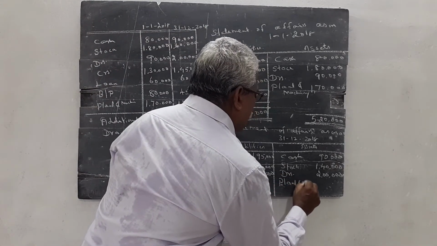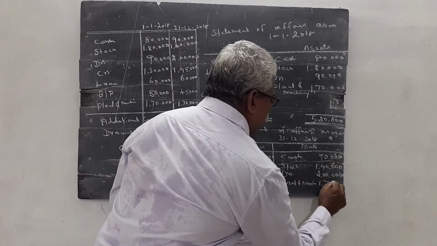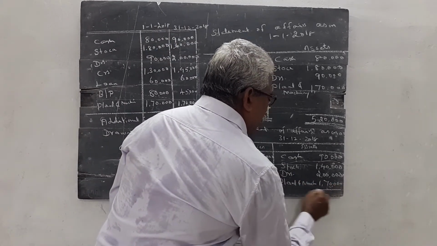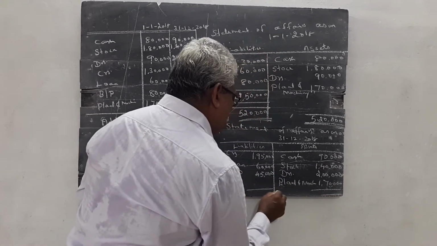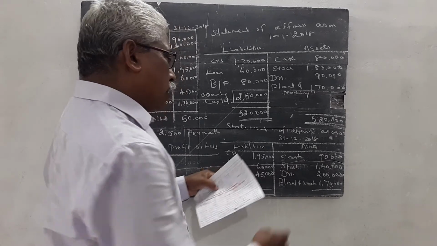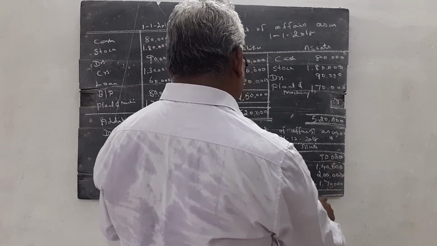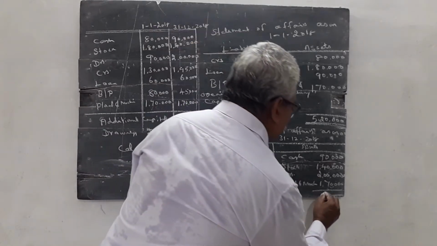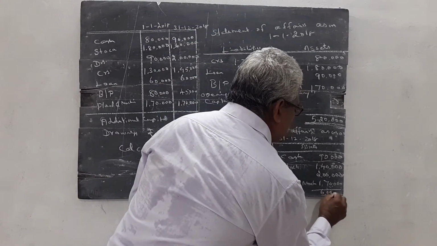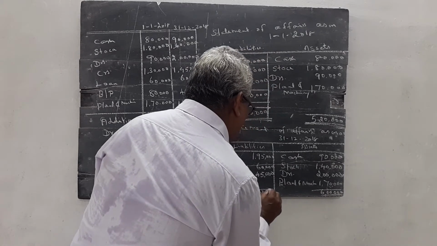Plant and machinery 1,70,000. The total of this side, and the same total is entered here. 1,70,000 plus 2 lakh, 1,40,000, 90,000. If we total it, we get 6 lakhs rupees. The same 6 lakhs is entered here also.